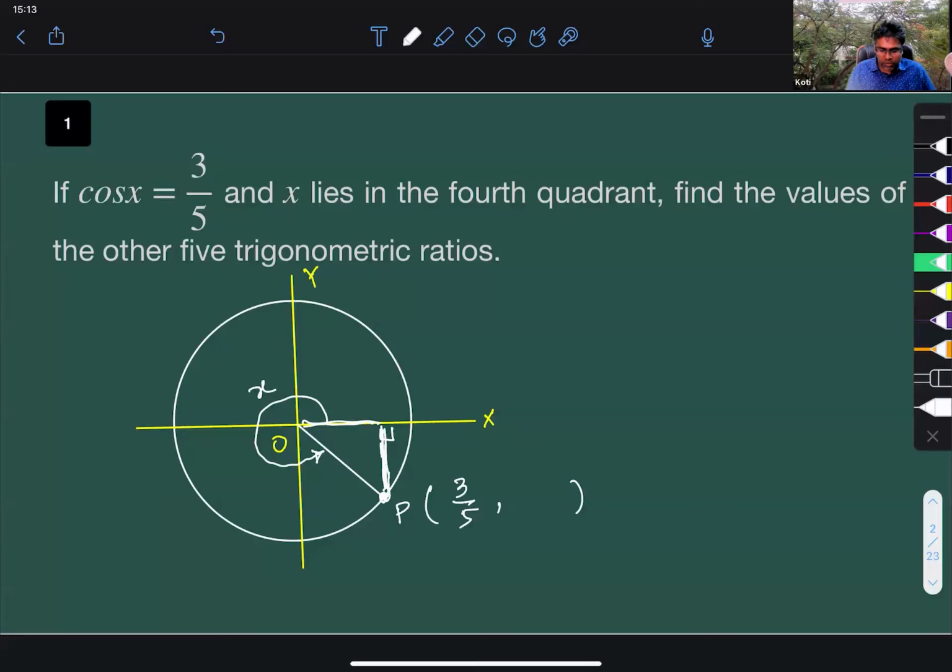Now, how do I use this 3/5? Guys, if I look at this triangle OMP, can I say that OM is proportional to 3? Maybe I'll try to draw it here. If I draw this triangle here, maybe I should draw it a little better.